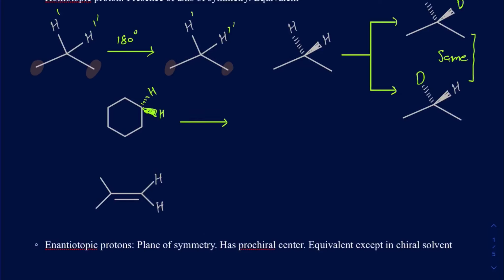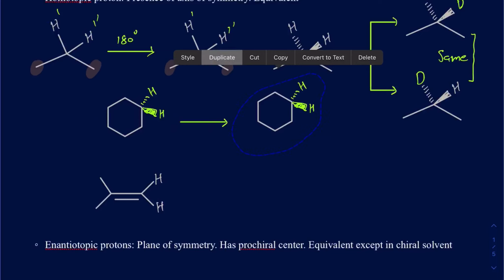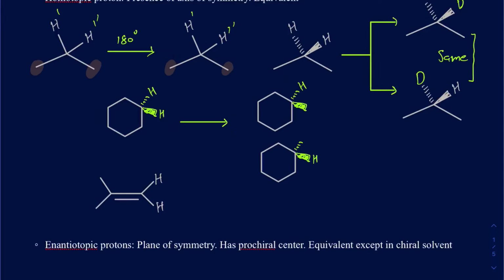Let me just copy this down here. In one case, I would replace this by D, and in the other case, I would replace the other hydrogen with D. There's really not any difference between those two. So as a result, they are going to be identical, so those are your homotopic protons.